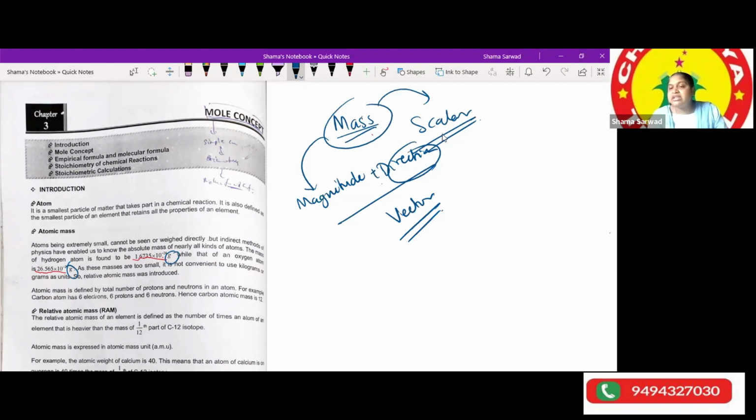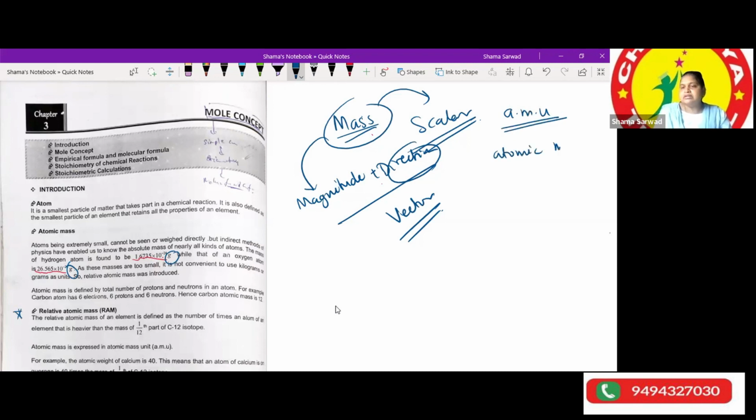Can we measure it in gram or kilogram? No, because it is too small. Hence, we need a special unit to measure the atomic mass, and that is nothing but relative atomic mass. The unit you use to measure that is nothing but AMU. What is the AMU?